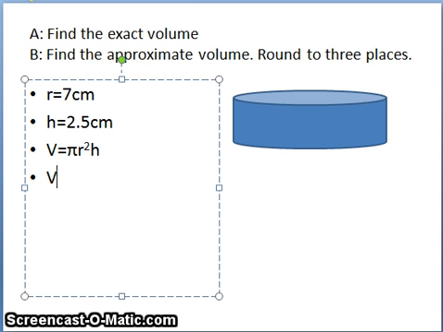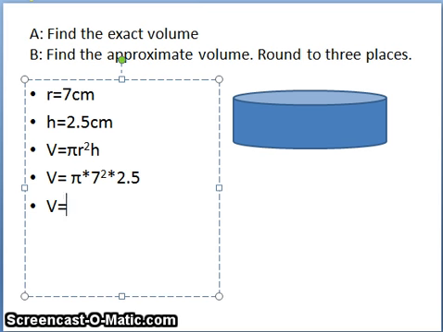So we're starting with that. Volume is still pi. The radius here says radius equals 7 centimeters, so the radius is 7, so times 7 squared, times the height, which is 2.5.